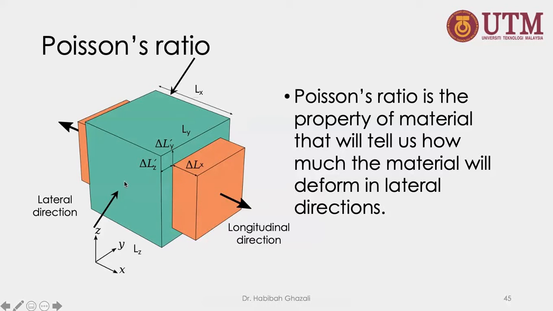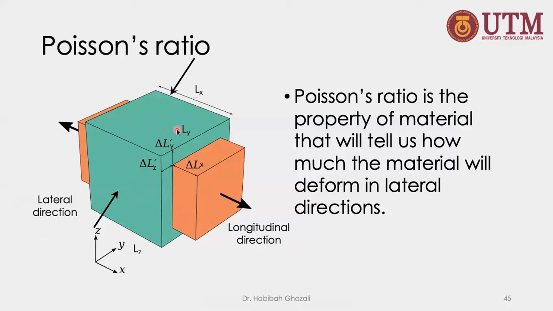The green color is the original dimension, and the orange color is the dimension of the specimen or structure during applied load. So the increase of the length can be seen here, and you can see that the length of the structure is increased.